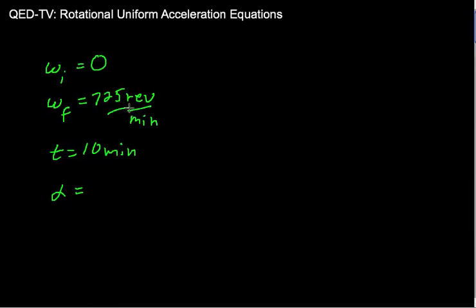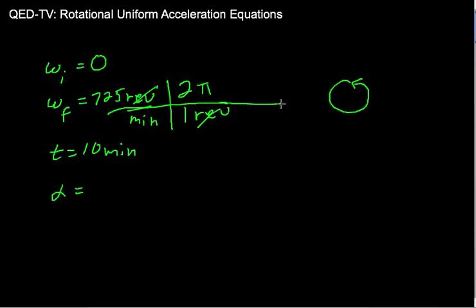So we have 725 revolutions per minute. And we know that one revolution, which is one turn, is a little over 6 radians. To be specific, it's 2 pi radians. So our revolutions cancel out.